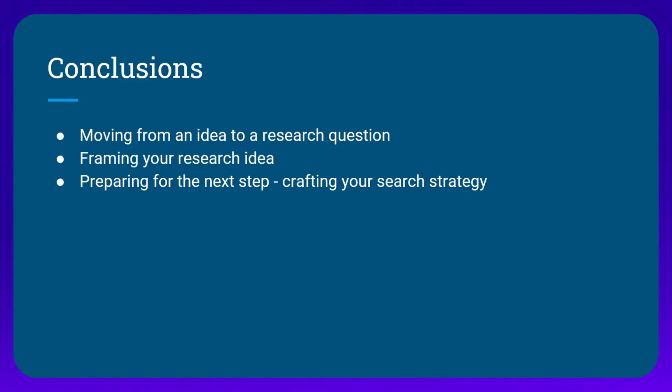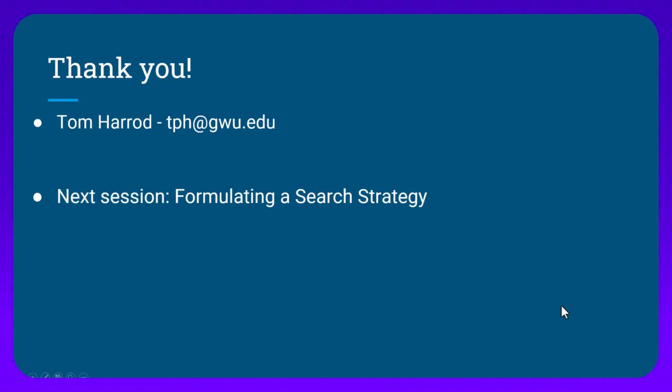We also looked at different framing structures like PICO and PO, which can help you to further refine your research topic as it prompts you to think about the specifics of your topic and helps you to further focus on an answerable research question. This also sets the stage for the creation of a search strategy based on that research question. And that will be the topic of the next installment in this series.